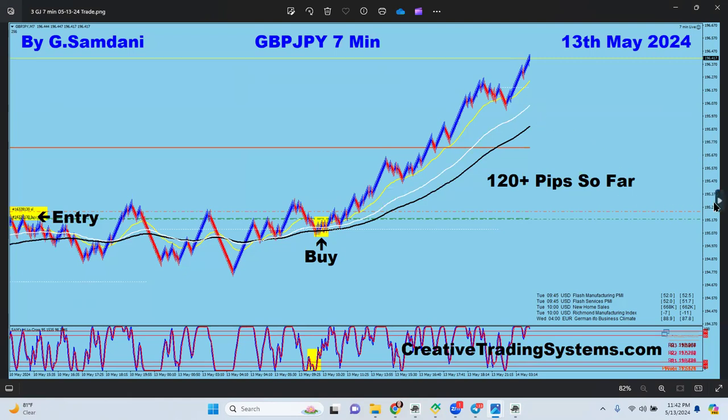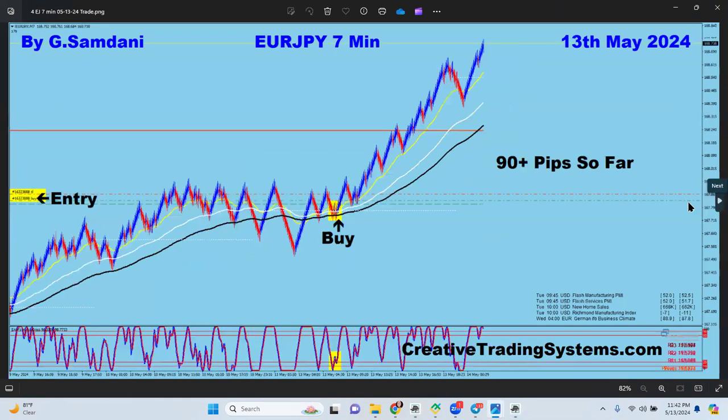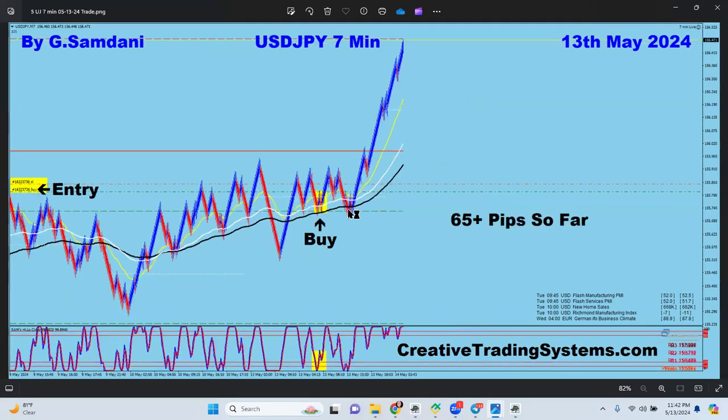So this is the one using the same methodology. This is the second one, 90 pip on euro yen, because yen is getting weaker. All yen pairs. I could have gotten like 7 pairs, but I didn't bother with that. I had to take care of some other stuff, right? So I had this EA on these 3 pairs: euro yen, pound yen, and USD yen.